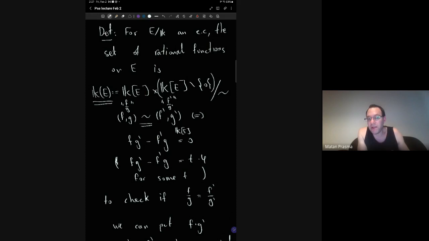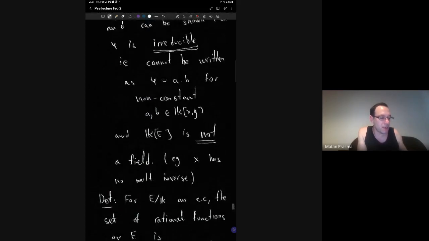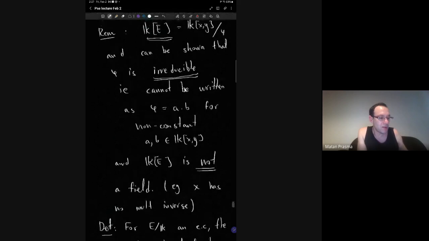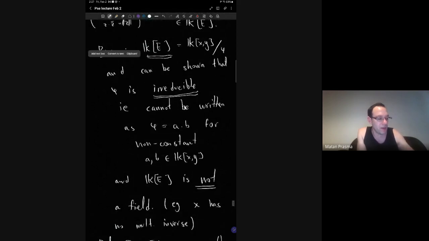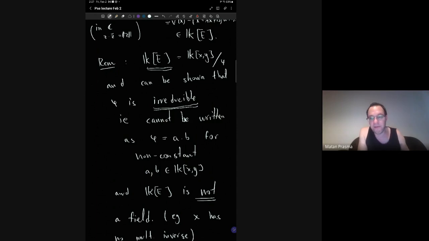Now that I have the notion of polynomials on E, which I naturally consider as polynomials restricted to the elliptic curve E, like polynomials in two variables modulo the defining polynomial of E, I continue with the same recipe.